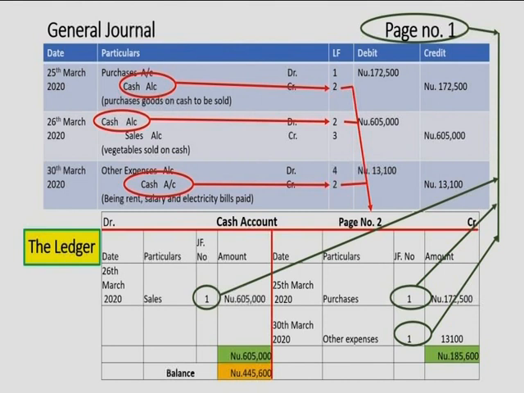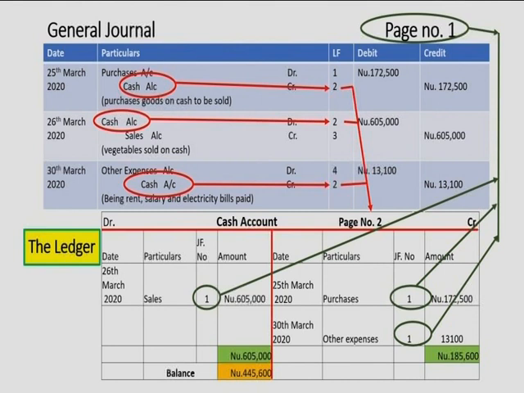And on the credit side of the cash account, you can see purchases and other expenses. Here the entry is posted on the credit side because, if you look at the journal entry, the cash with these purchases is on the credit side, and the cash with the other expenses is on the credit side.